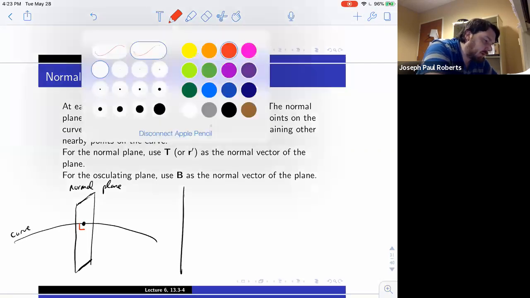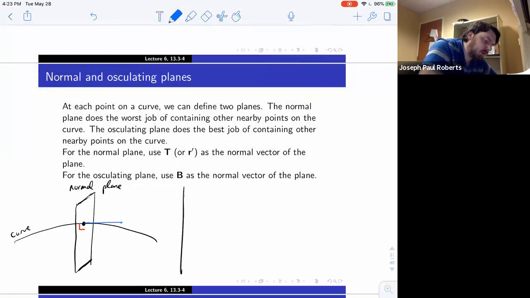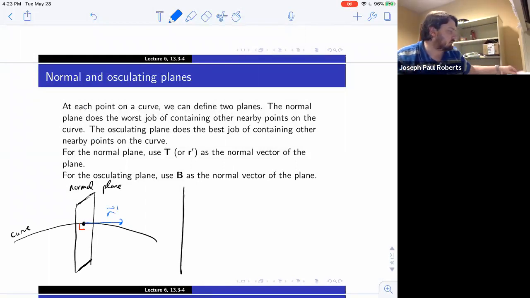So that's what I mean by it does the worst possible job of containing other nearby points on the curve, because the curve is sort of going directly through it. So to move away from this paper, I shouldn't go like this. I should go perpendicularly away. So the normal plane, when you think about it, should have the normal vector either r prime or T. Remember, those are parallel vectors. So the tangent vector, unit tangent vector, that should be what we use for the normal plane.